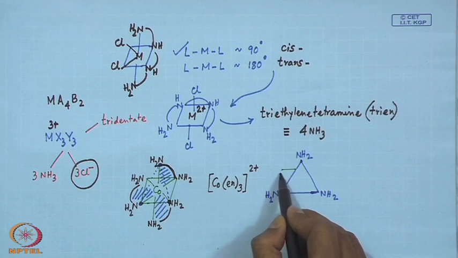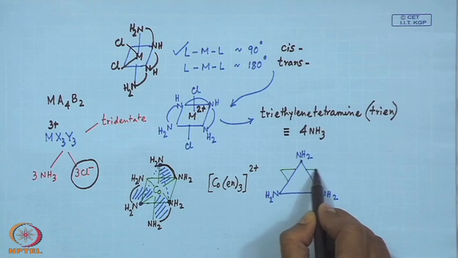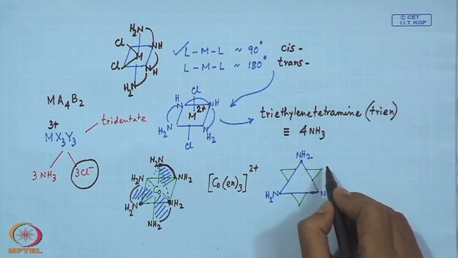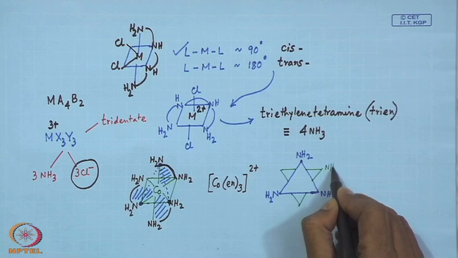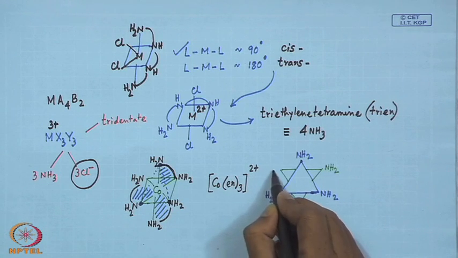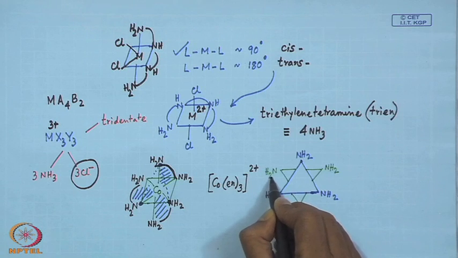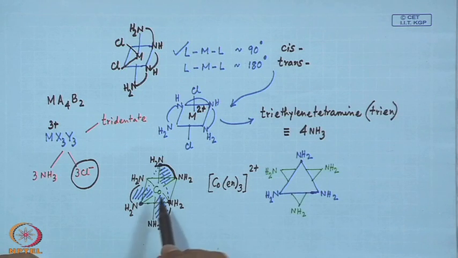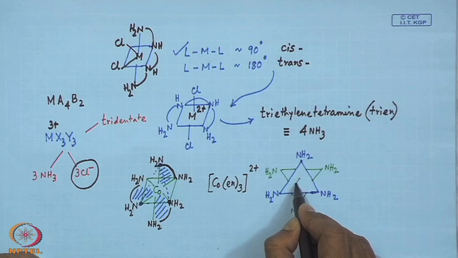So, we can draw the other 3 faces like this. So, we have this, which is the visualization of the octahedral geometry once we view through that C3 plane.